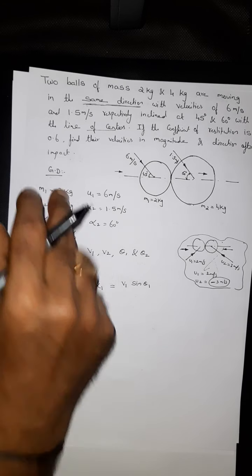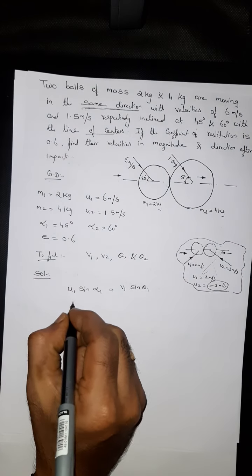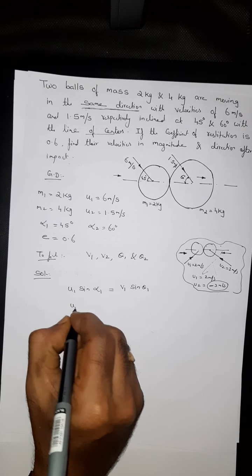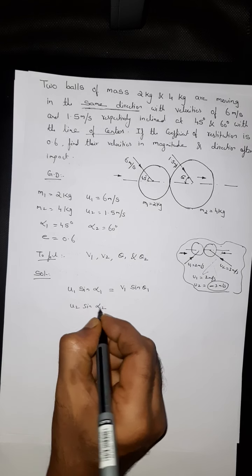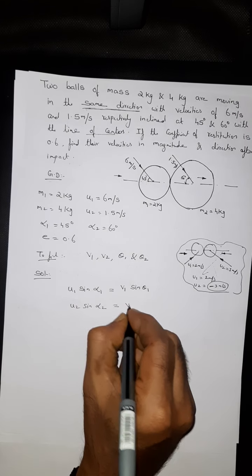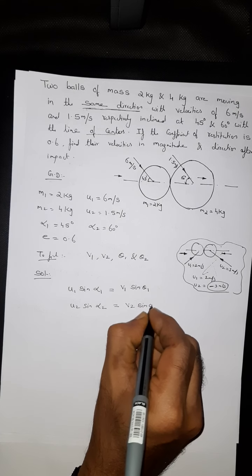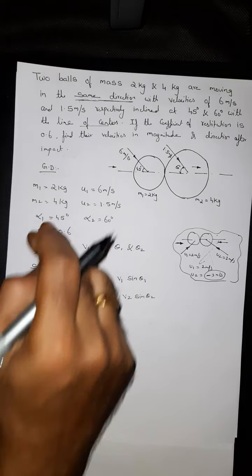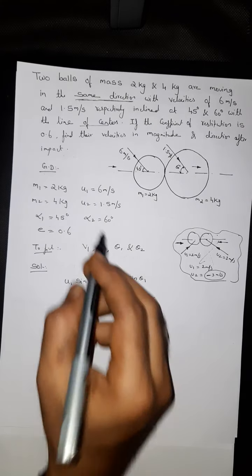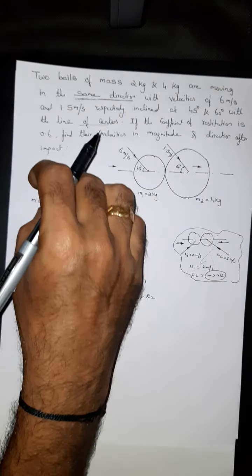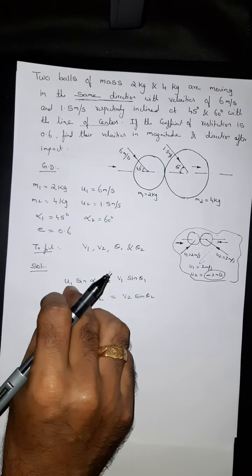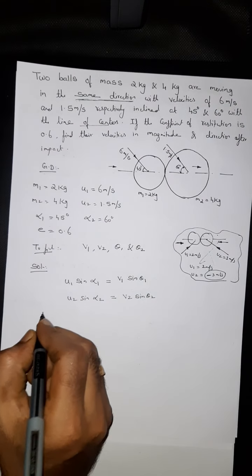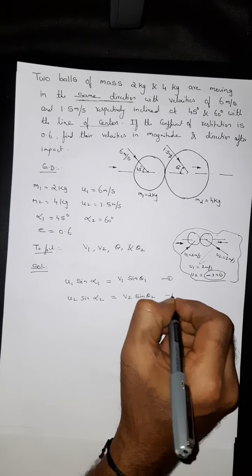The second formula is u2 sine alpha 2 equal to v2 sine theta 2. This is for the vertical components, right? So let me substitute the given data into formulas 1 and 2.